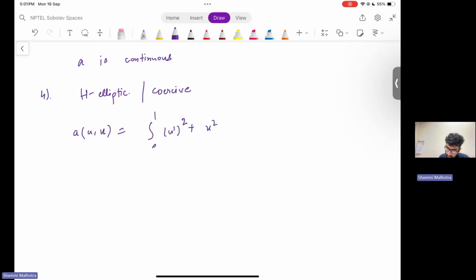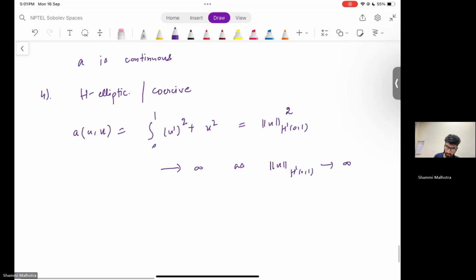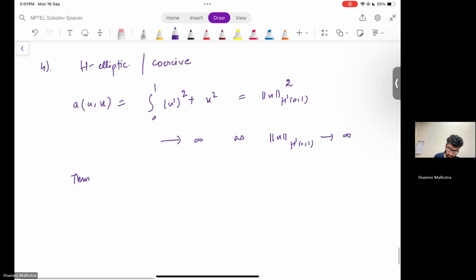So this is nothing but the H^1_0 norm of u square, and I know this thing goes to infinity as my norm of u in H^1_0 goes to infinity. Thus A(u,u), thus A is coercive.